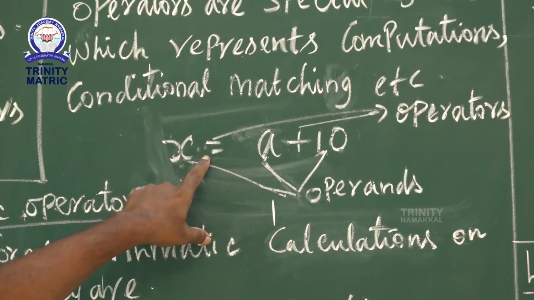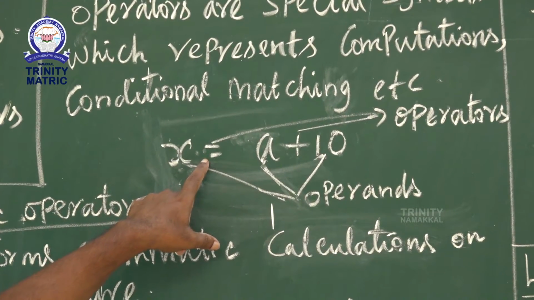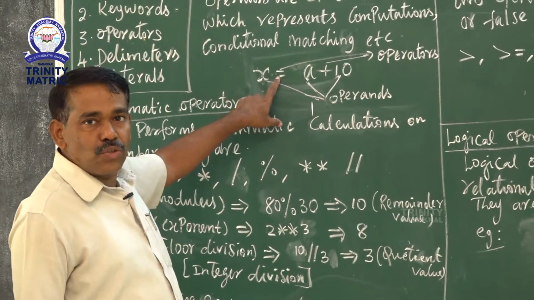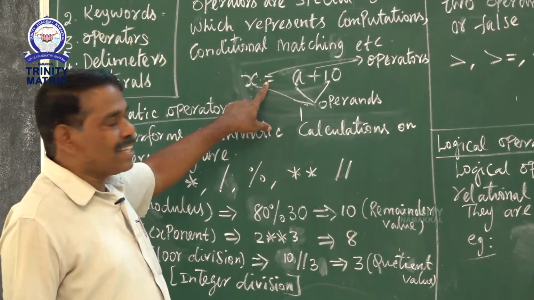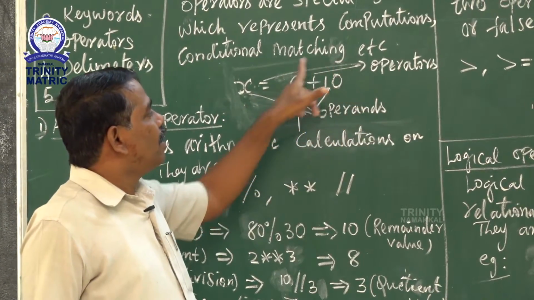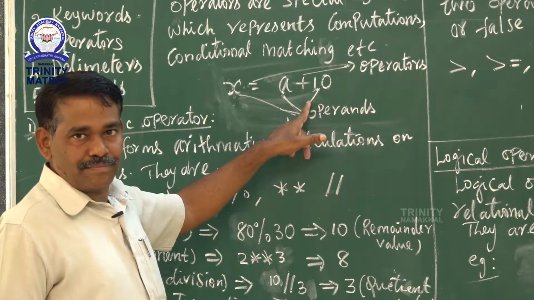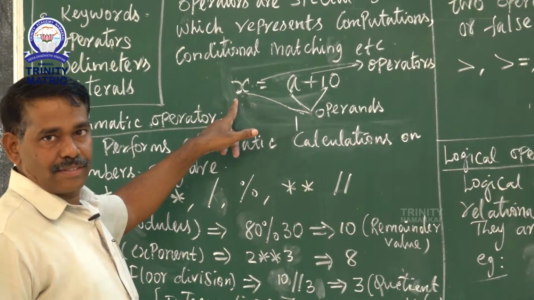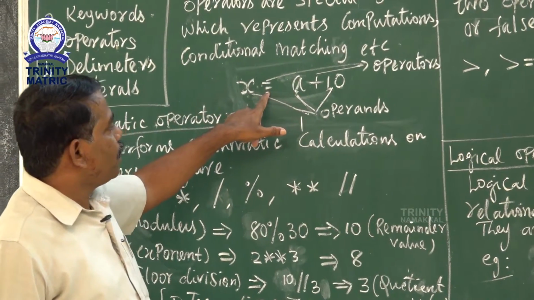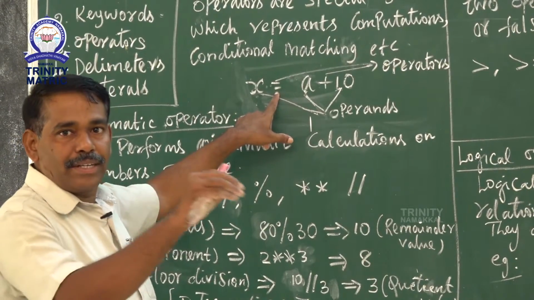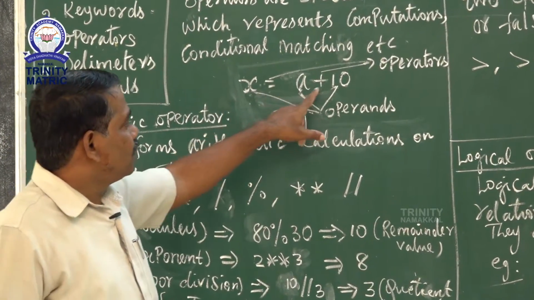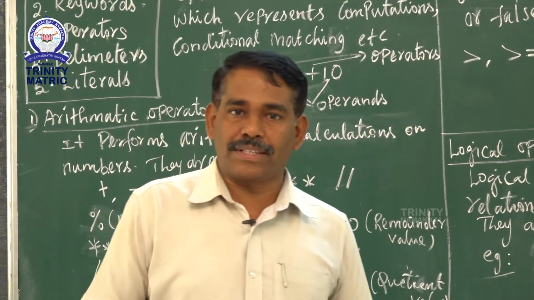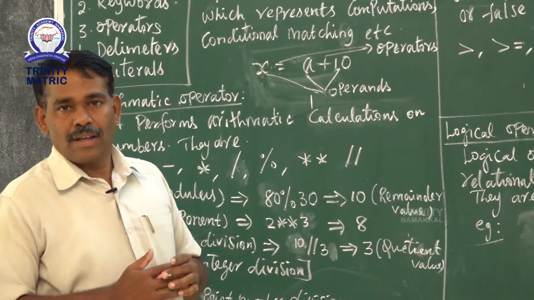But what is the role of this equal to symbol? It is used to assign the result of this expression to the left side variable x. So this operator is doing the assignment job, and the other operator is performing the arithmetic operation, that means addition.